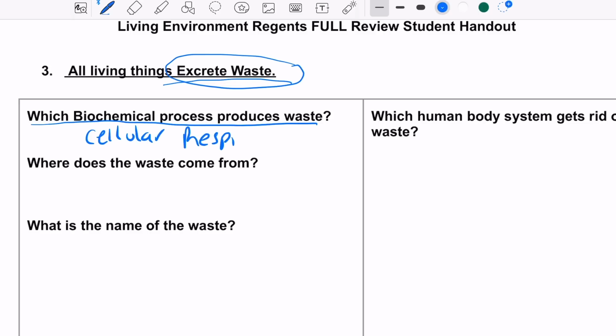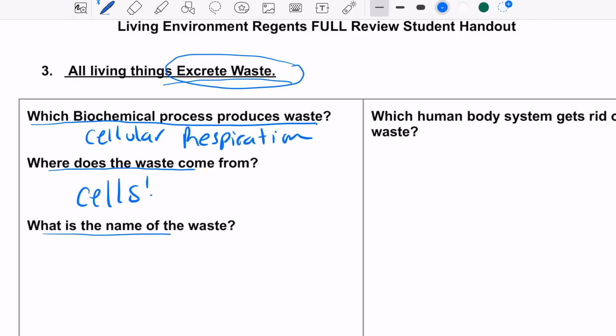When you are making energy, ATP energy, you're also making what's called byproducts. Those byproducts of the reaction are waste. Where does waste come from? Waste comes from your cells.